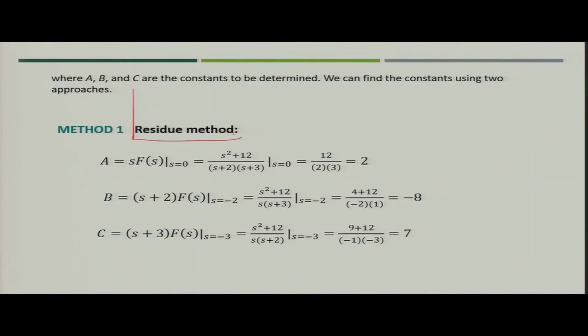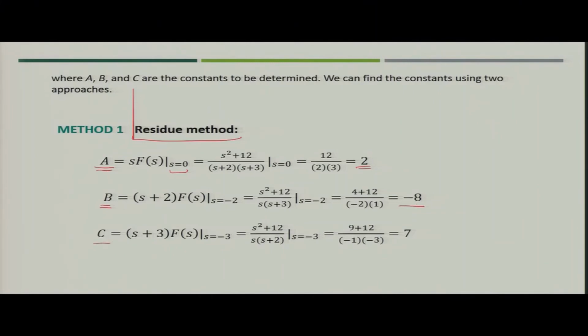So, in this case we will first multiply the Laplace transform with s and equate it for s is equal to 0, we will simply get A, which is 2. Similarly, for finding out B, we multiply the Laplace transform with s plus 2 and find out the value of the complete function at s is equal to minus 2, and we get the value of B as minus 8.